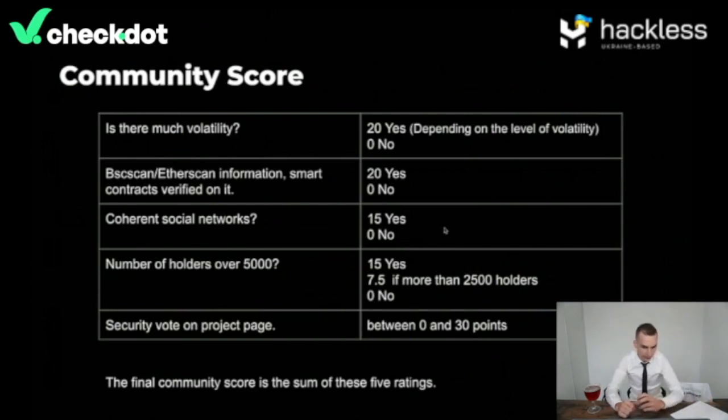And then we establish from 0 to 15 points for the number of holders, between 0 and 5,000 holders. And finally, a score between 0 and 50 points for the daily security vote available on a project page. The final community score is the sum of these 5 ratings.